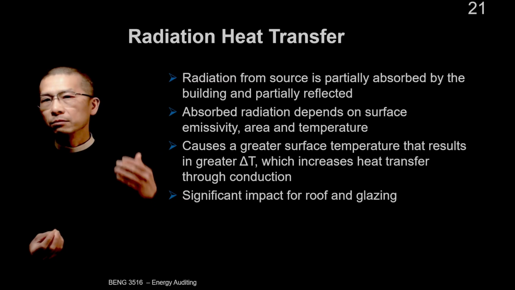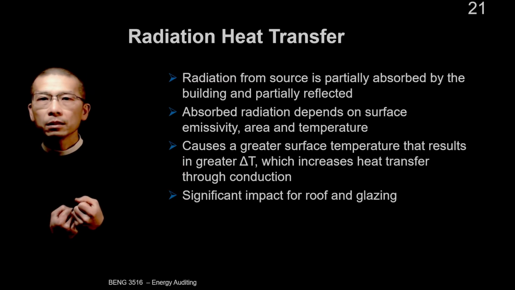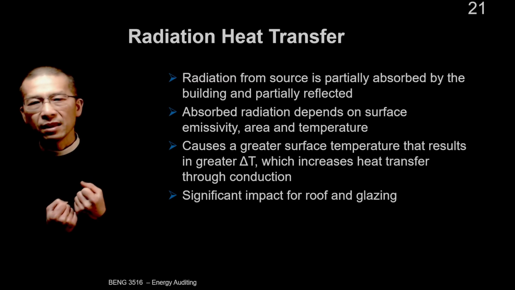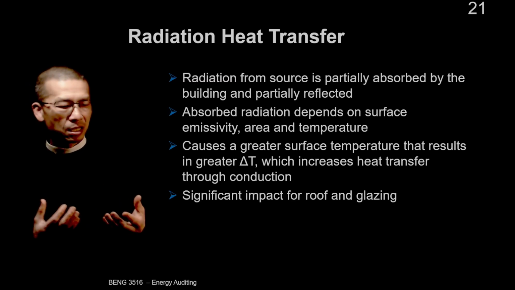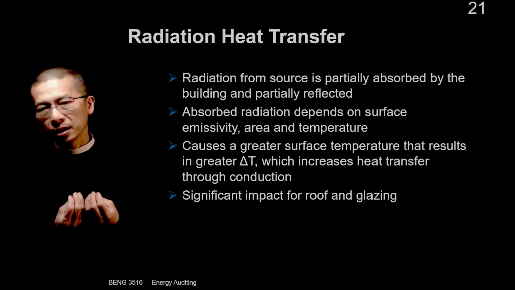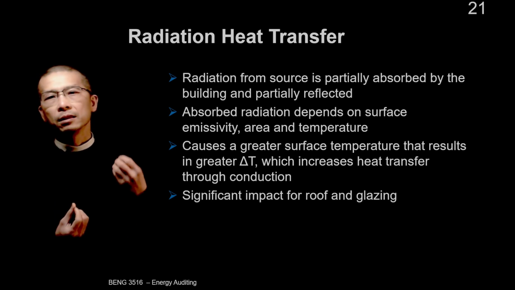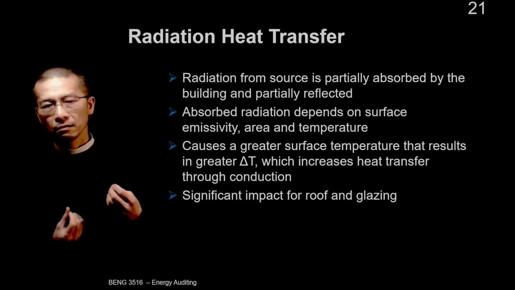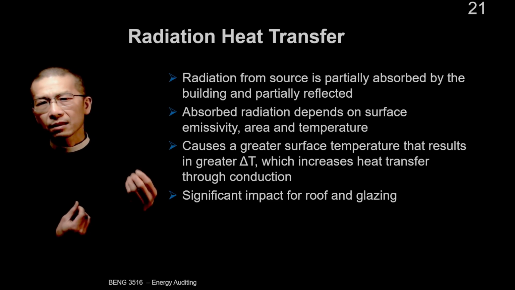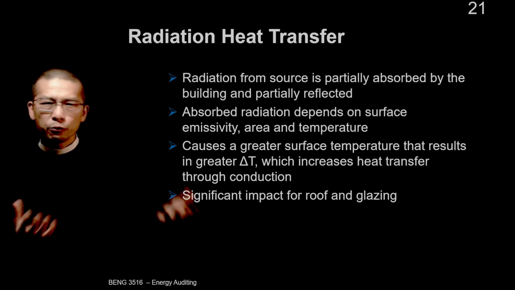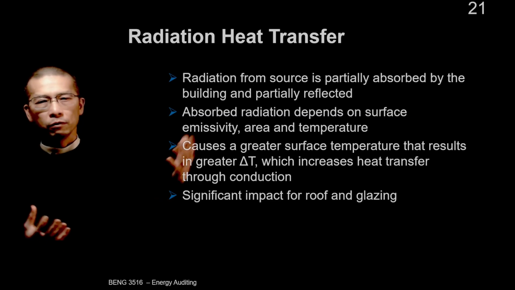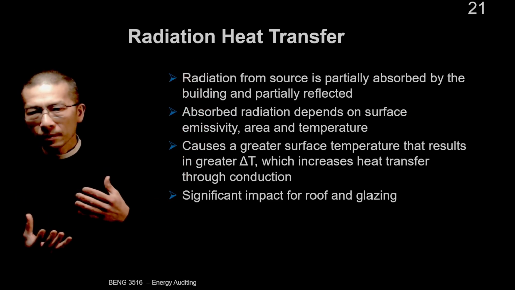It's either absorbed or reflected. How much is absorbed depends on the material properties like emissivity, the total area, and the temperature as well. And that kind of leads to a chain reaction in the building's physics when, say, a roof absorbs solar radiation.